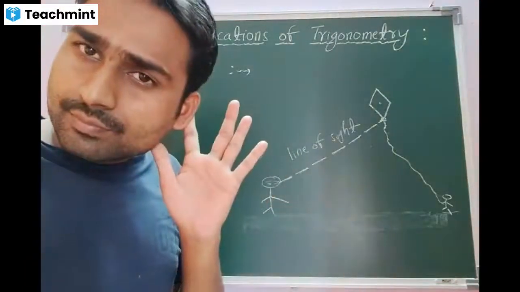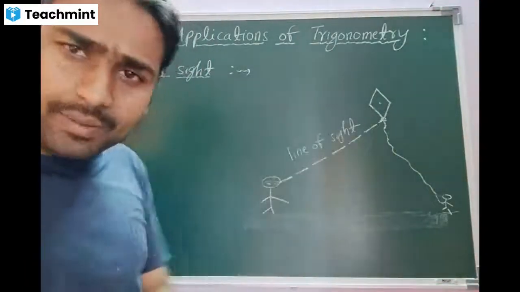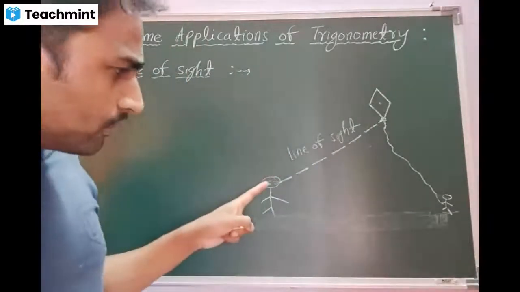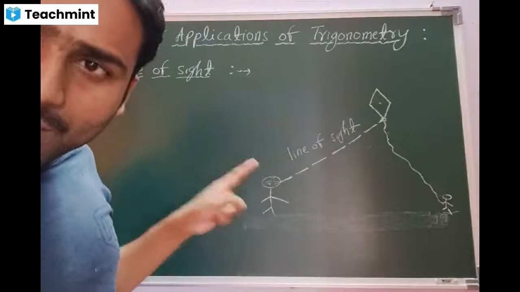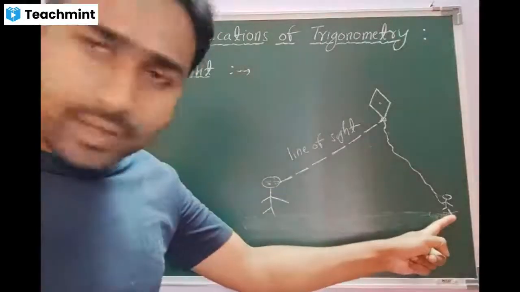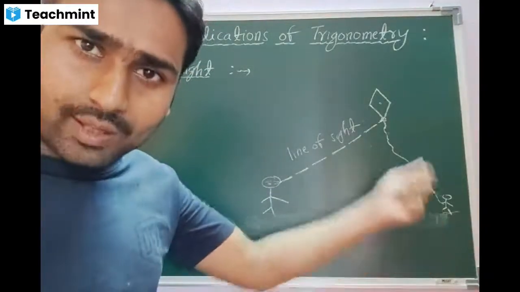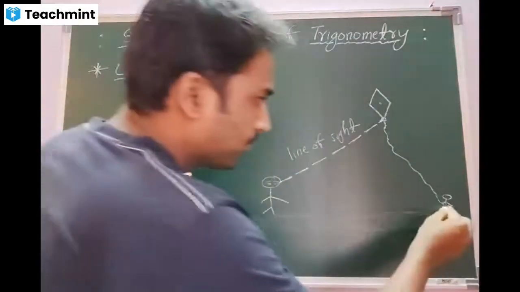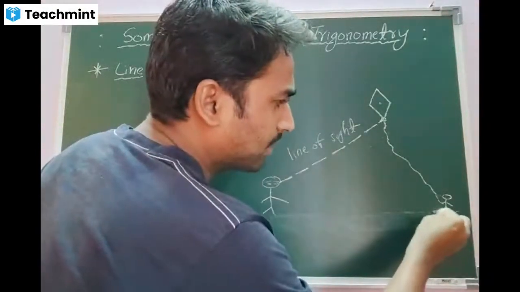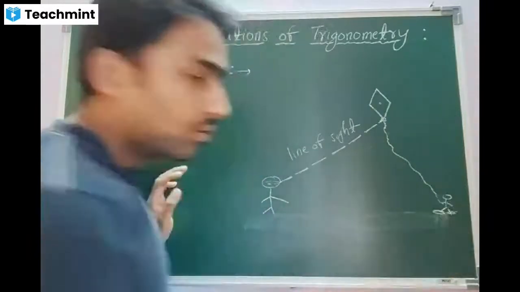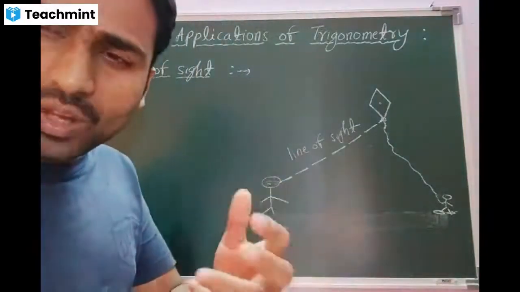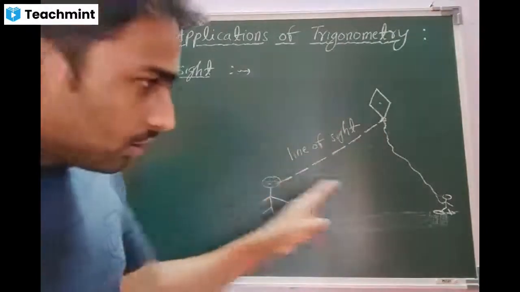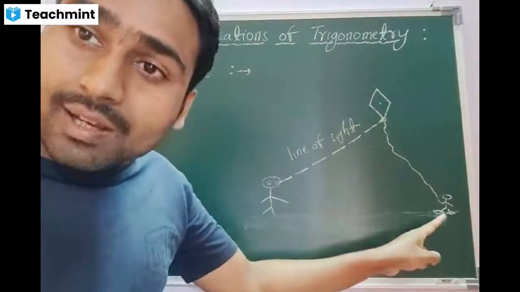Let me take one more example, beta. In this diagram only, I will show one more example. Suppose there is one more boy here, the one holding that kite. Suppose this boy is wearing some extraordinary, expensive shoes. This boy starts looking at the particular shoe.